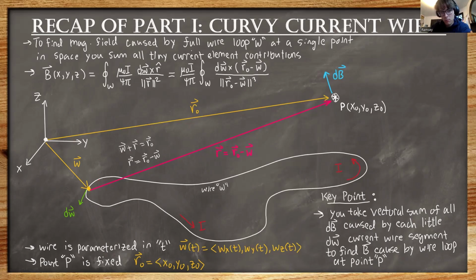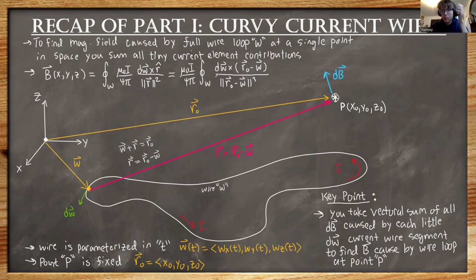So we plug that into our Biot-Savart thing. We do another thing as well, because Biot-Savart has the wire element crossed with the radius hat direction vector. Instead, we know that R hat is equal to R divided by the magnitude of R. So we simply plug that in, and we know that R is this. So we're taking dW cross this difference, and then dividing it by the separation distance cubed, because the unit vector includes that extra magnitude in the denominator.